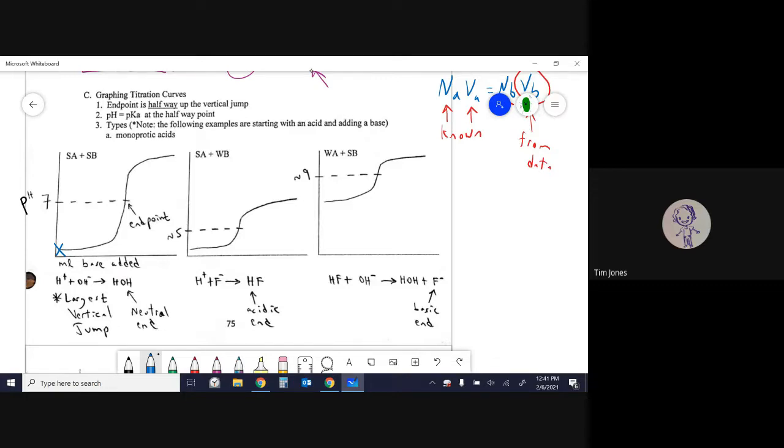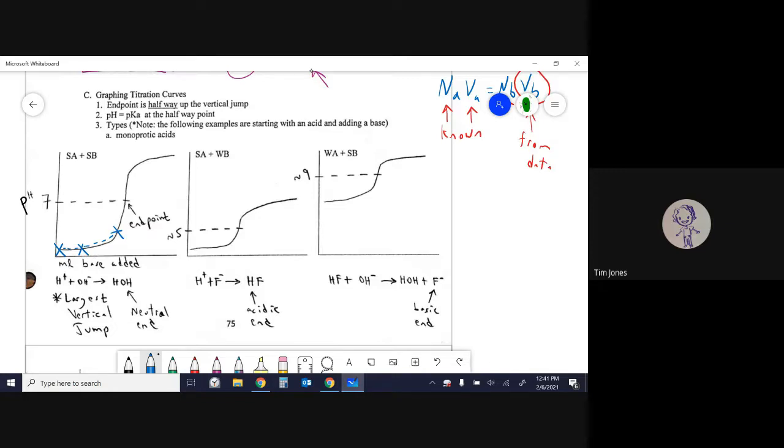So let's say we add a little bit of strong base and we go to here. In this second X, the one to the right, some of the acid has been neutralized, but we still have acid remaining, so it's still acidic. So we add more base and we get to here. Okay, now we've neutralized most of the acid, but we still have some acid, so it's still acidic.